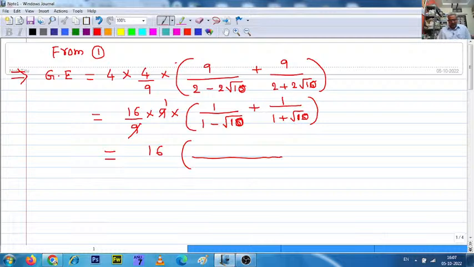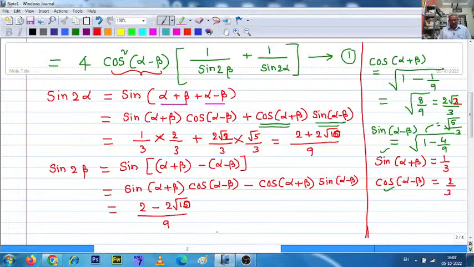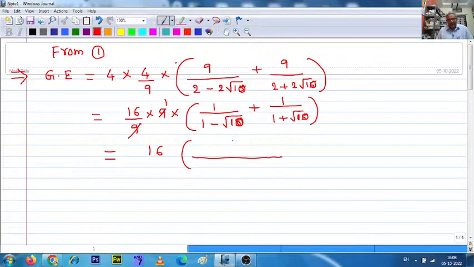So next, what do you get now? Okay, so now here you will be getting 1 minus root 10 and 1 plus root 10, and plus 1 minus root 10 you will be getting.